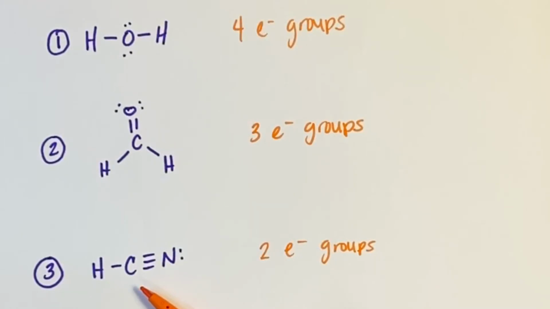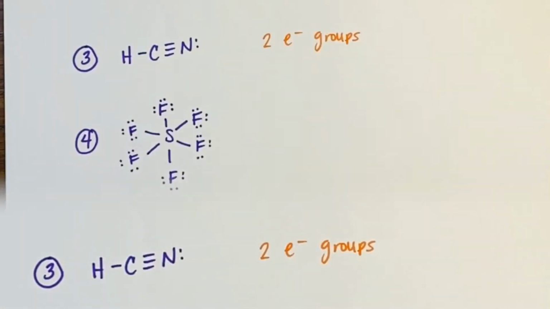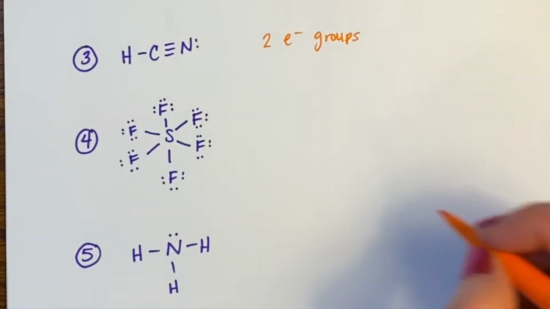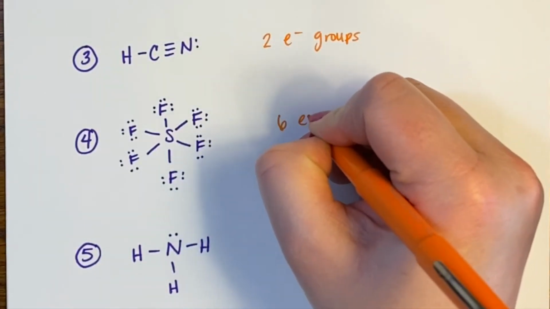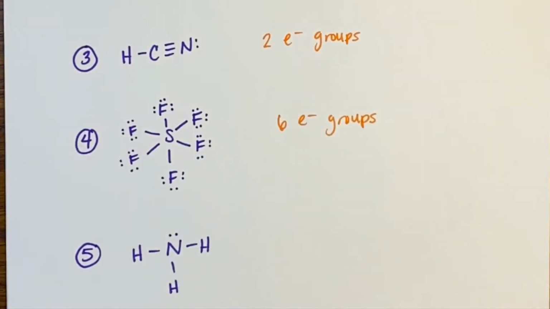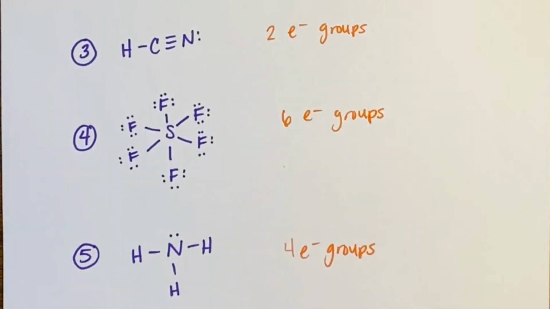In this case, the carbon sees electron density at 2 positions, and so that will be the number of electron groups. In number 4, the sulfur is my central atom, and the sulfur in this case sees 6 electron groups. And in number 5, the nitrogen is my central atom, and it sees a total of 4 electron groups.